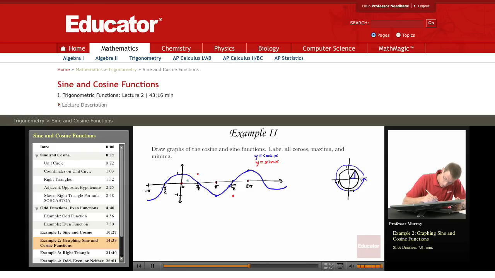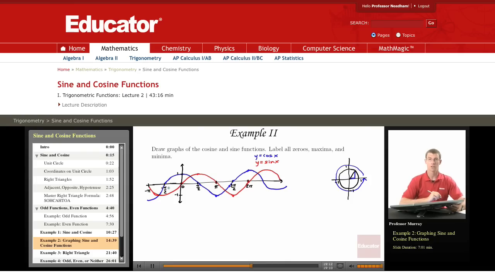So the sine graph, I'm going to connect these up into a smooth curve. And it repeats itself after this. And it repeats in the negative direction as well.